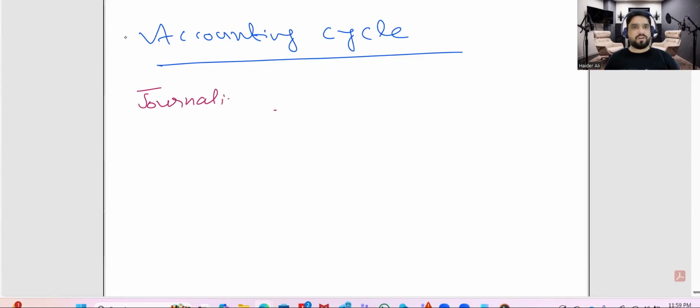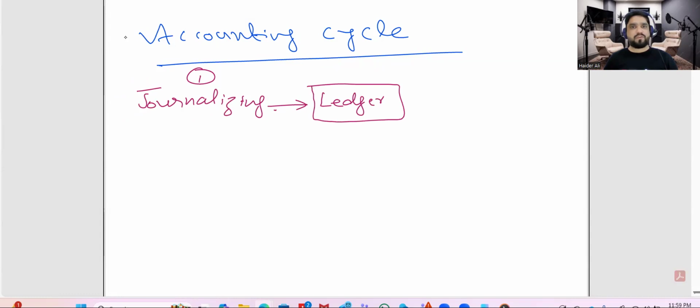That's called journalizing. This is the first step of the accounting cycle. After that, we need to prepare separate accounts, separate ledgers. The second step is posting the journal entries into ledgers. That's typically known as the posting process, converting the transaction from journal to ledger.